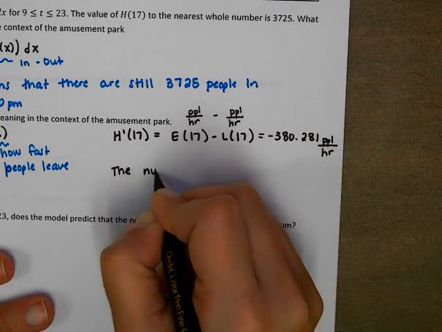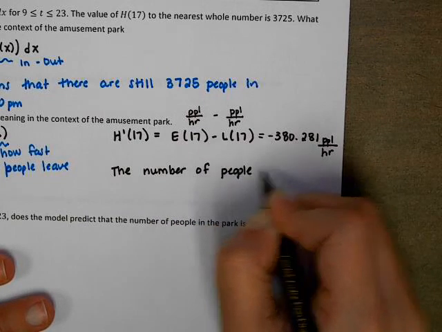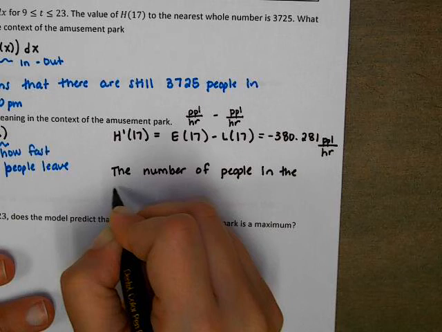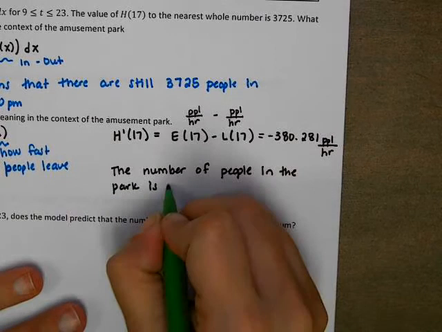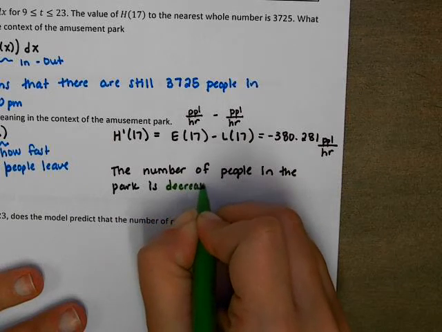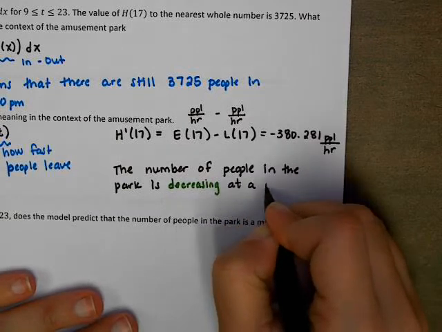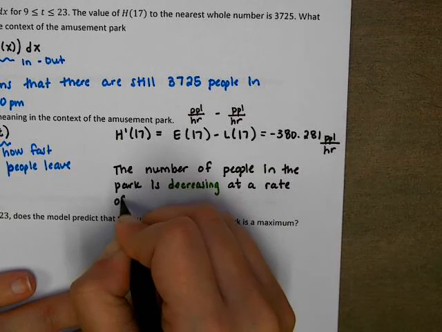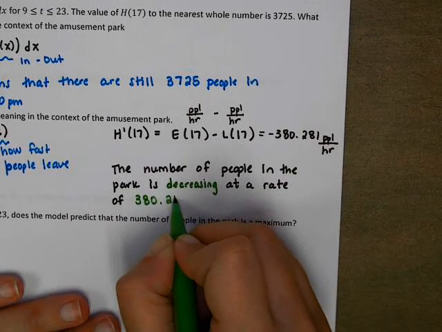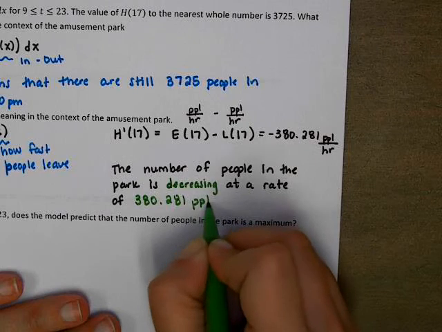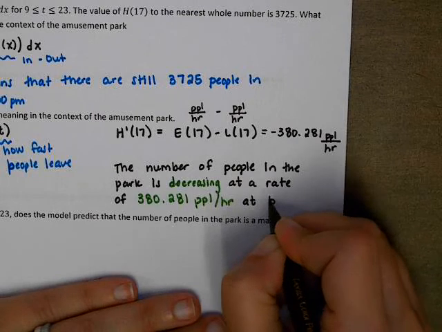The number of people in the park is decreasing, because I got a negative number, at a rate of 380.281 people per hour at 5 o'clock.